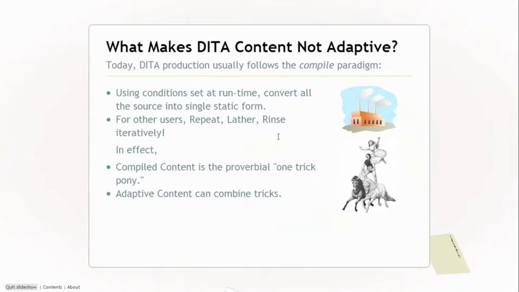In the past year, Scott Abel of Content Wrangler has been publishing some articles about doing persona studies, and why is it that personas end up not providing the kind of information that people are actually looking for. And the problem is that it is tied in with this compile paradigm.